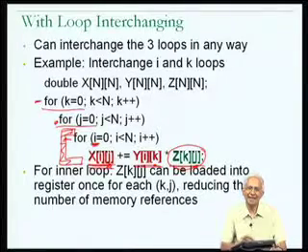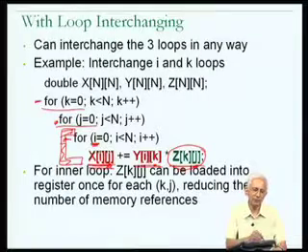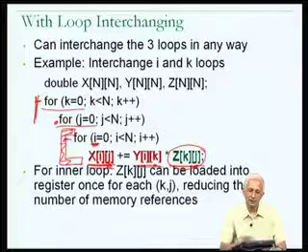Therefore for all of the n iterations of the innermost loop, the value of z of k j is the same. It is because the value of z of k j is determined by the value of k and the value of j. Therefore z of k j does not change within the inner loop, and hence can actually be loaded into a register once for each value of k and each value of j, reducing the number of memory references substantially.